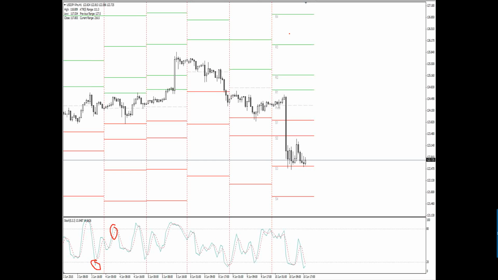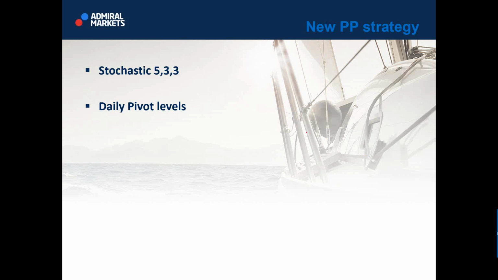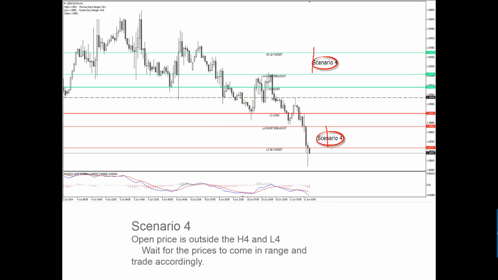Okay. Jen is asking why not trade until next day for Camarilla. Because once you're in a trade and once you take a profit, there is no other scenario. Jen, think logically. There is no other scenario.